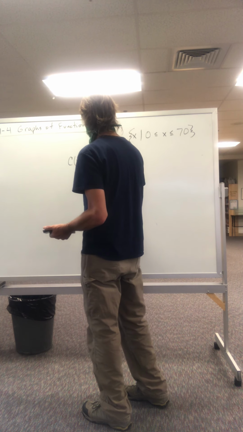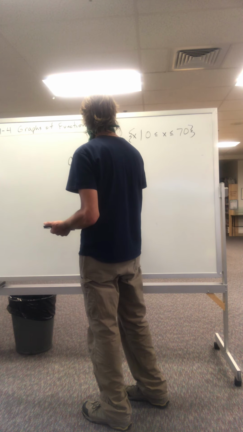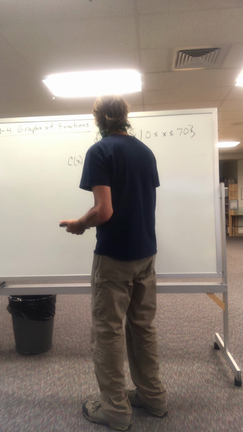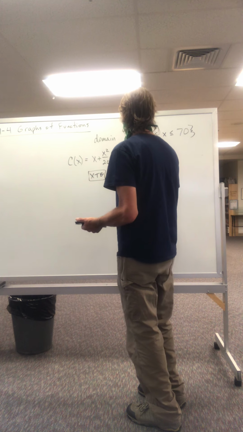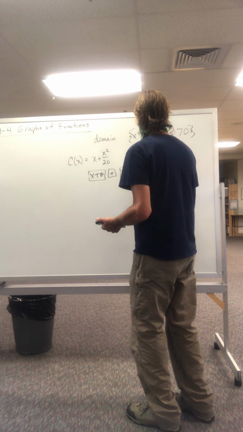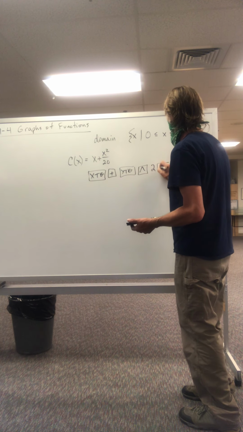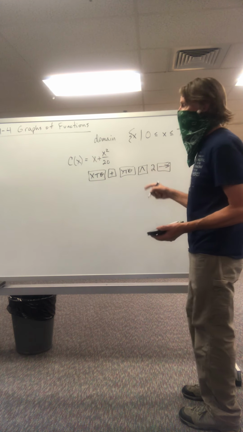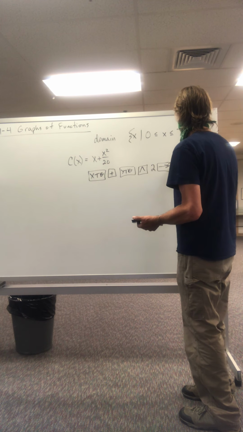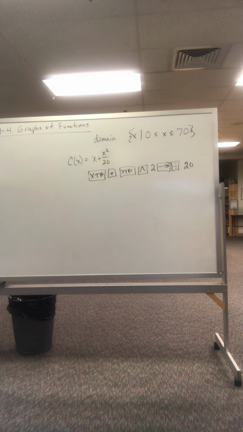So your key sequence is going to be the x, t, theta key, the plus key, and then the x, t, theta key, and then raised to a number 2, and then use your arrow over to the right to get away from the exponent. And then you're going to do the divided by, and then 20, and then hit enter.